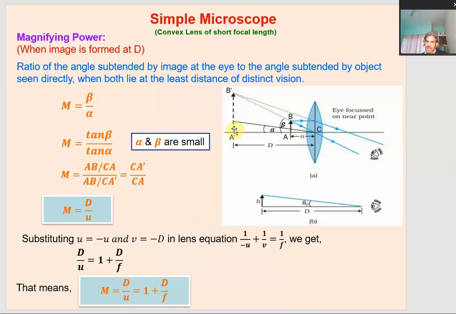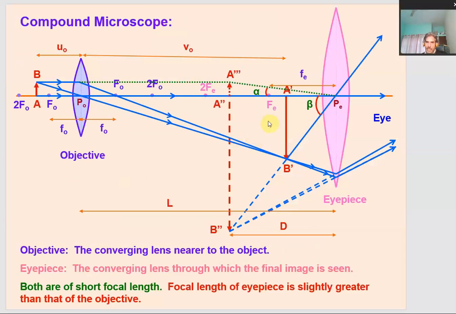In that case, magnification came out to be 1 plus D upon F. Whenever we are calculating the magnification produced by the eye lens, forget everything else, just remember its object and image. So A dash B dash acts as the object for the eye lens, and A double dash B double dash acts as the image for the eye lens.